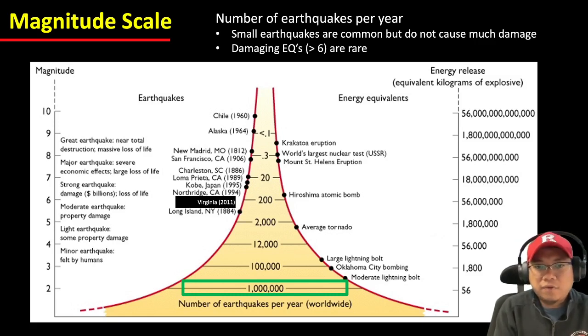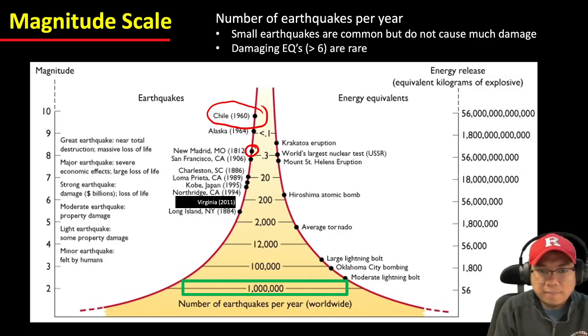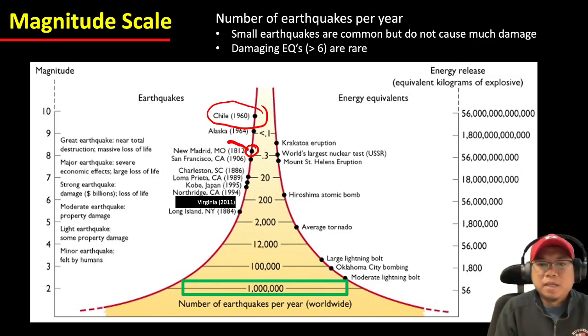Okay, so here, for example, are some of the biggest earthquakes ever recorded in our history. The biggest one being the Chile 1960 earthquake right here. Look at this. This is the intraplate earthquake that we talked about in the previous video. This is the New Madrid earthquake that happened in 1812. All right, and this would be slightly bigger than the world's largest nuclear test by the USSR.